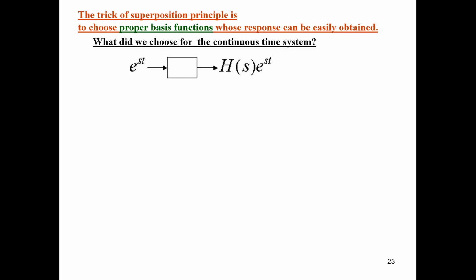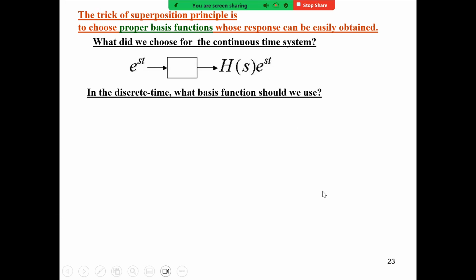And we know if the exponential signal is the input, then the output will also be an exponential signal, but modulated by a transfer function. Now, therefore, in the discrete time, what basis function should we use?